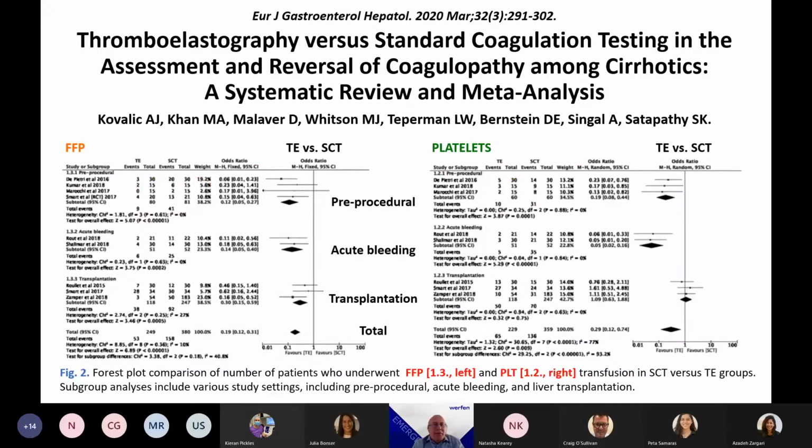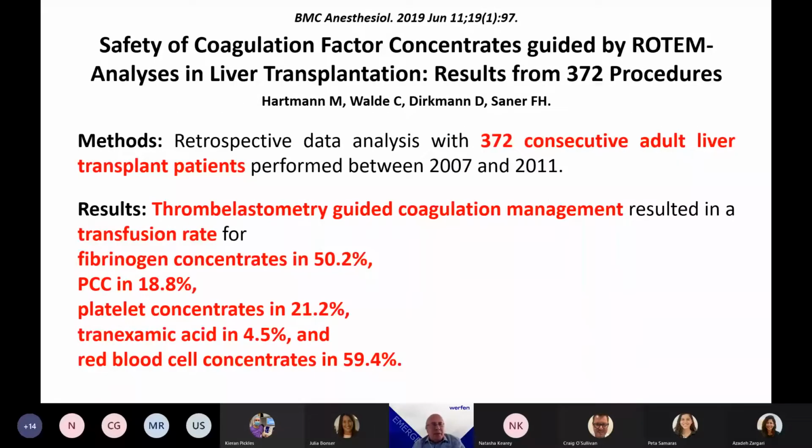And this is true for all kinds of blood products, whether this is fresh frozen plasma or platelets. And since both plasma and platelets are associated with increased mortality, again, we should be as restrictive as possible and definitely avoid prophylactic interventions to correct numbers.